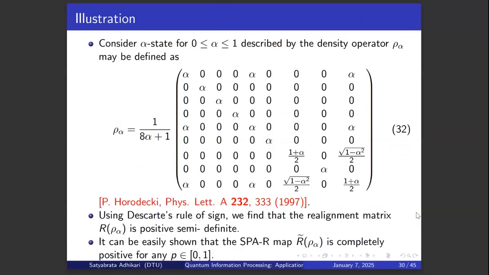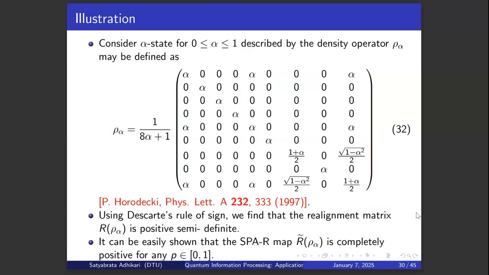Now let us illustrate our criteria by using an example. This example is given in Horodecki's paper in 1997. It is a bound entangled state, that means a positive partial transpose entangled state.